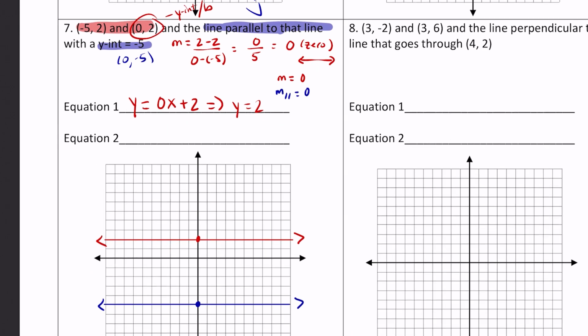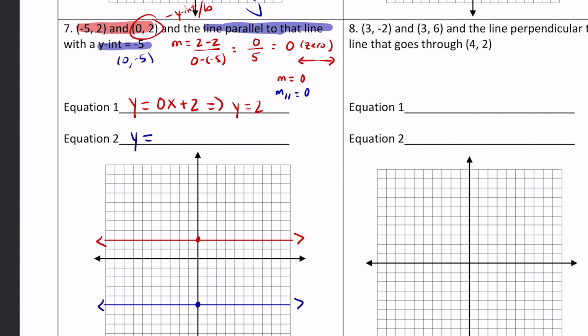And then for my blue one, y equals mx plus b again. So we have 0x, then that y-intercept of -5, or 0, -5. So it's y equals 0x minus 5, or y equals -5. Okay, so that's how we graph lines that have 0 slope, and that's how we write the equation.